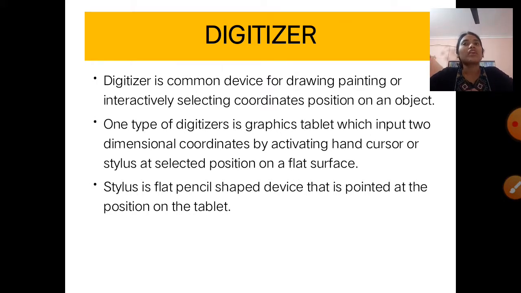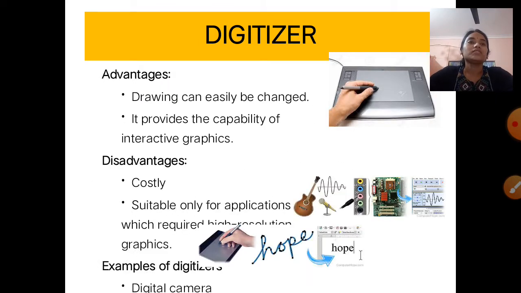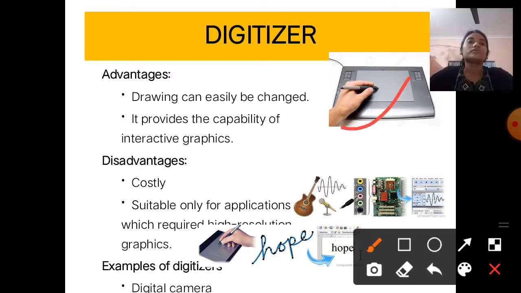Stylus is a flat pencil-shaped device that is pointed at the position on the tablet. This is the example of digitizer. Looks like a pen or pencil.